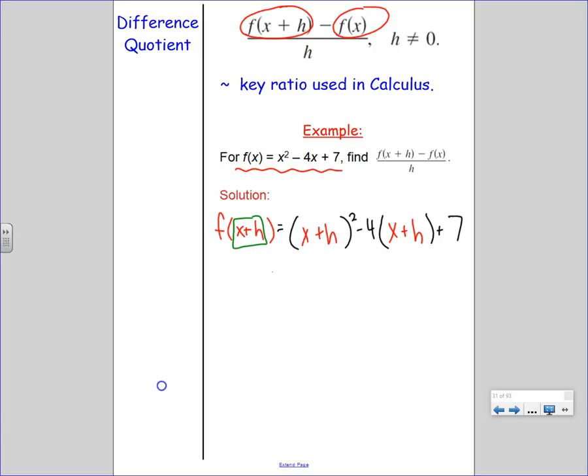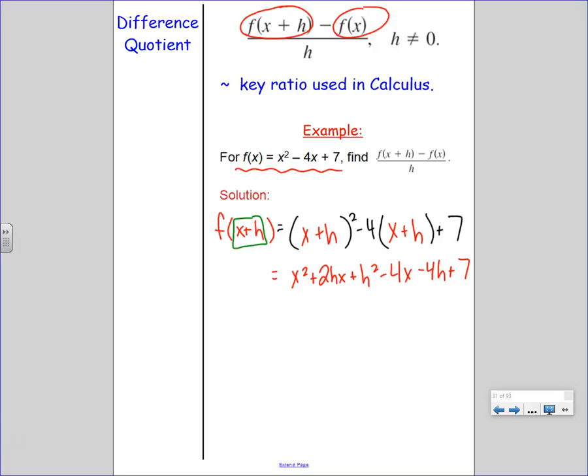Now, being a math student, am I going to have to simplify? Yes. I'm going to go quickly for sake of time. You would need to FOIL. You would get 2hx. You would need to distribute the negative 4. You would get all of this for f of x plus h. But what is my end goal?